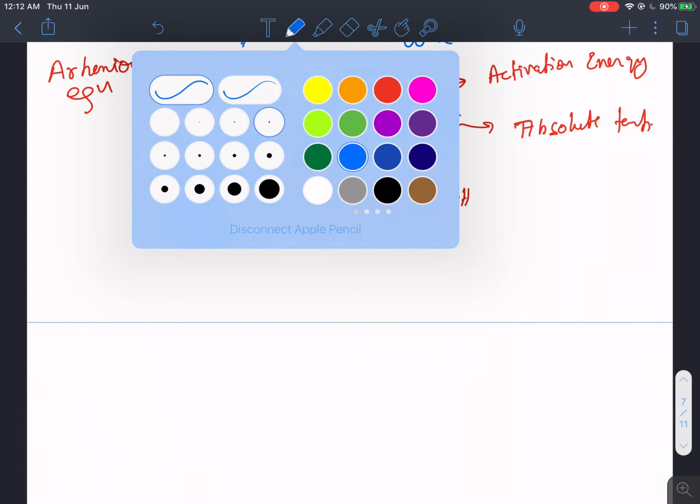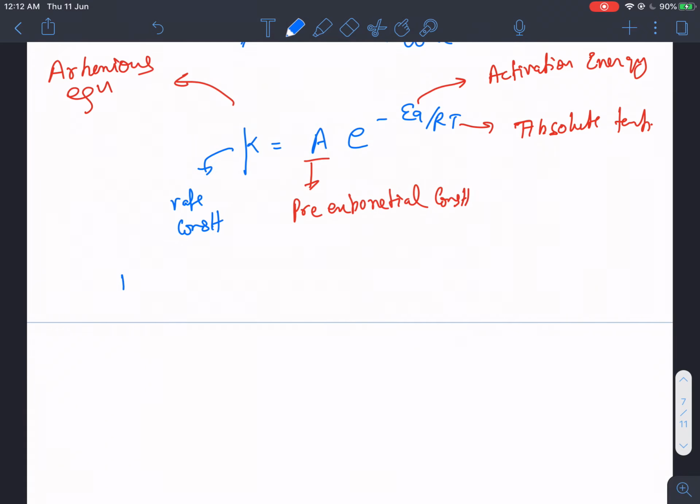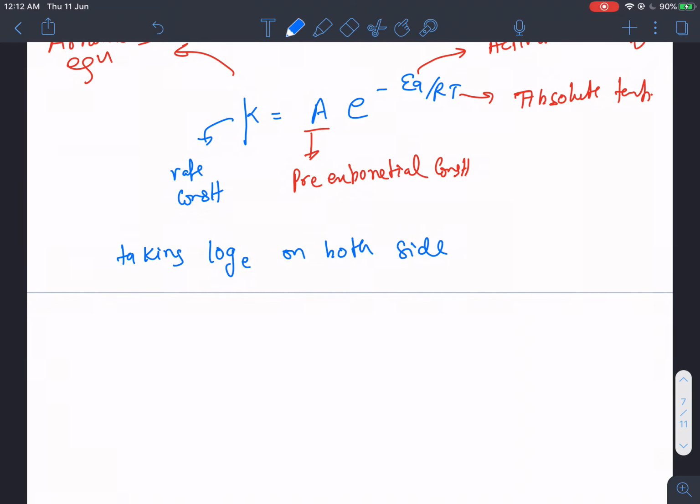So let's take log to the base e on both sides. I hope you all know log to the base e of something is known as ln. So can I write ln K is equal to ln of A e to the power minus EA by RT?